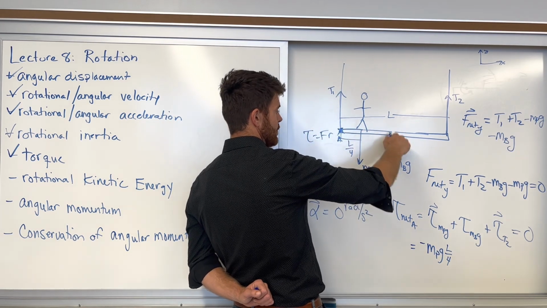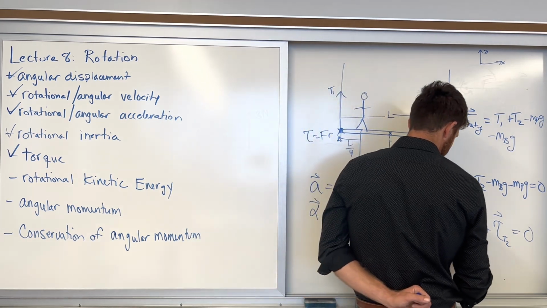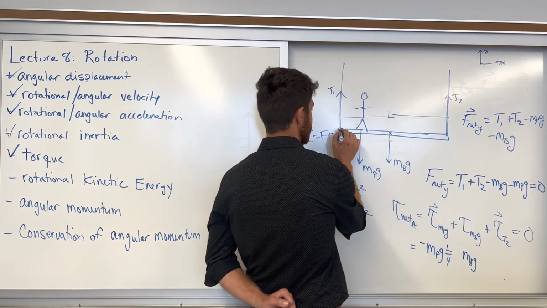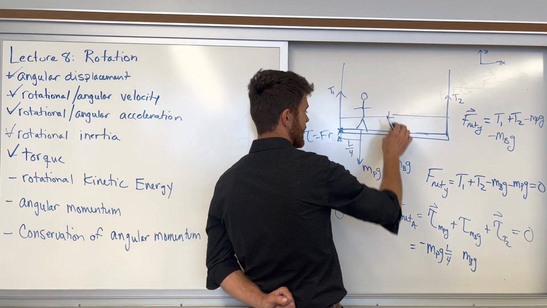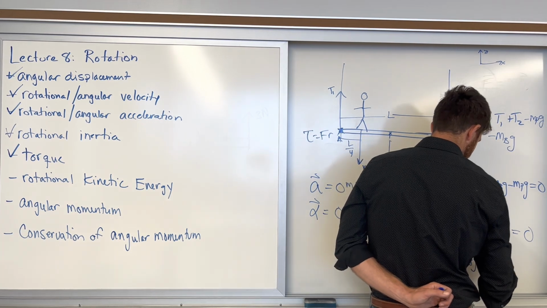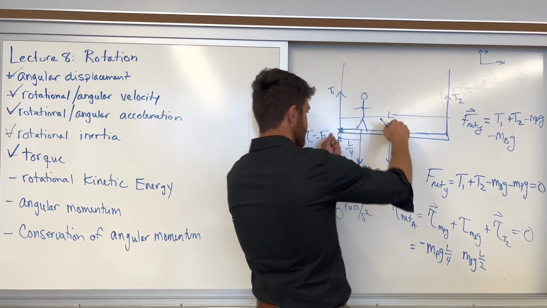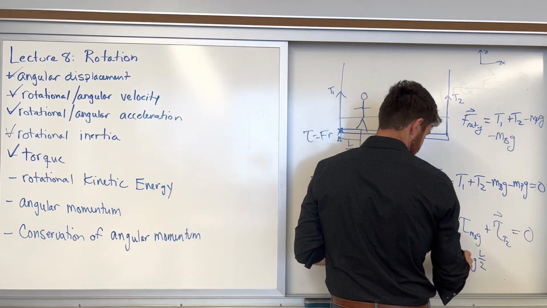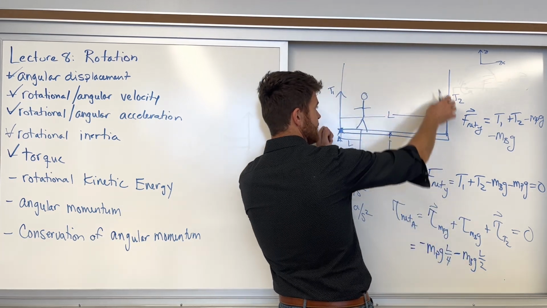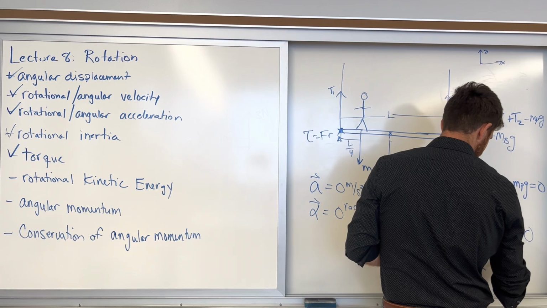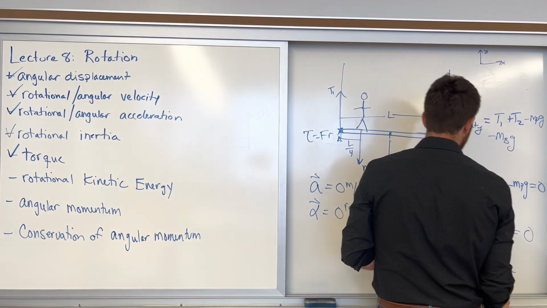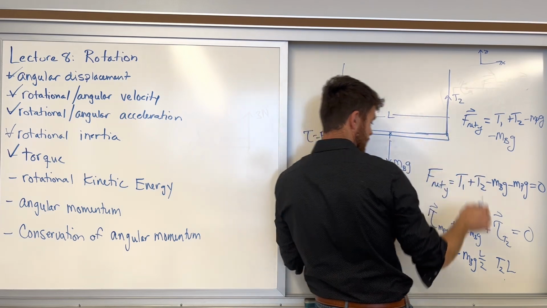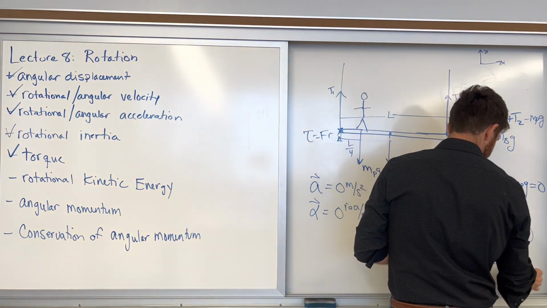Now, the torque due to the weight of the board is the weight of the board times the lever arm. That distance is halfway across the board, so that's L over 2. That's also trying to rotate it clockwise, so that's a negative torque. And finally, T2 acts at distance L, and that's trying to rotate it counterclockwise, so that's a positive torque, and that must equal 0.